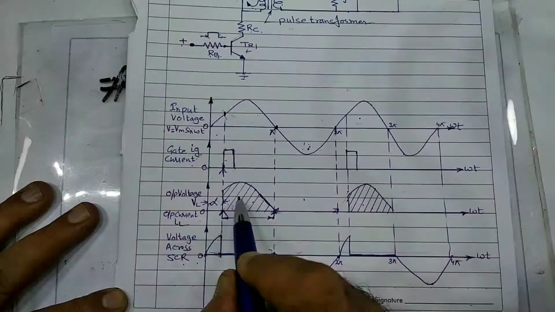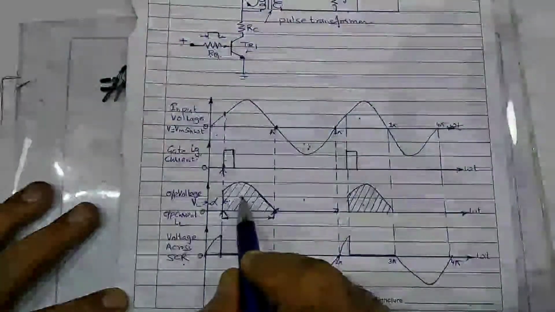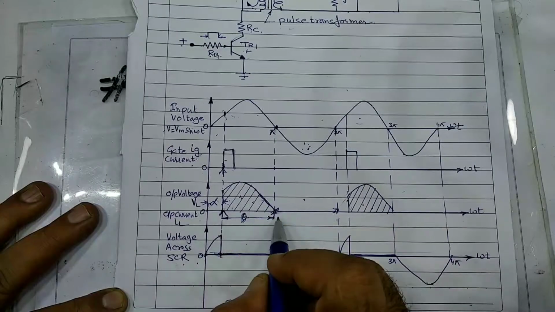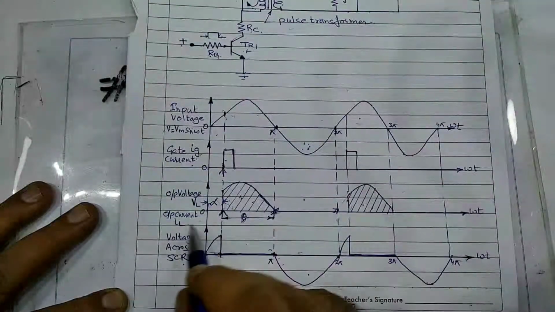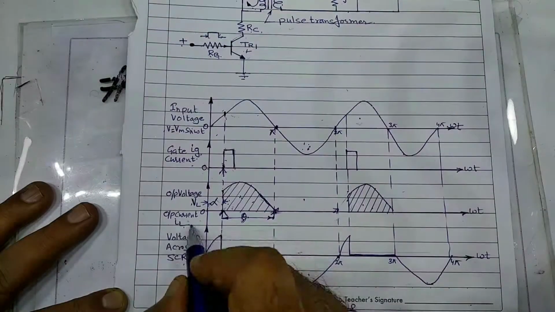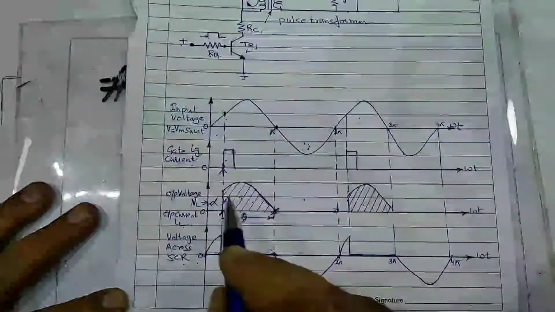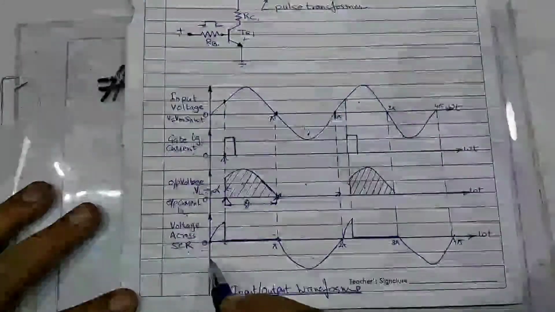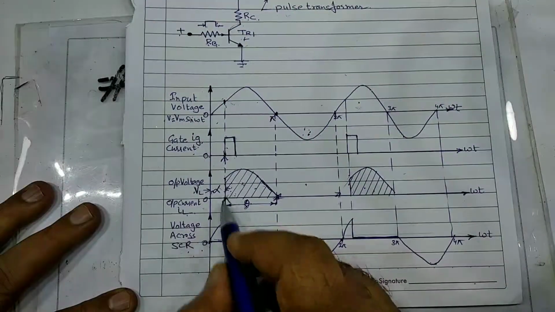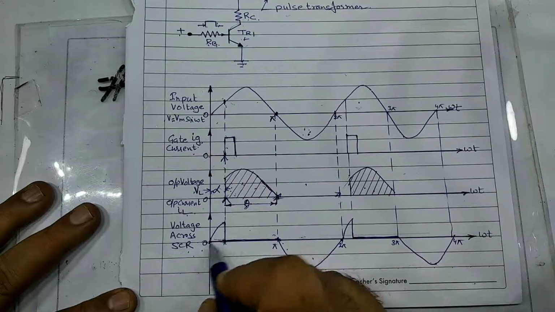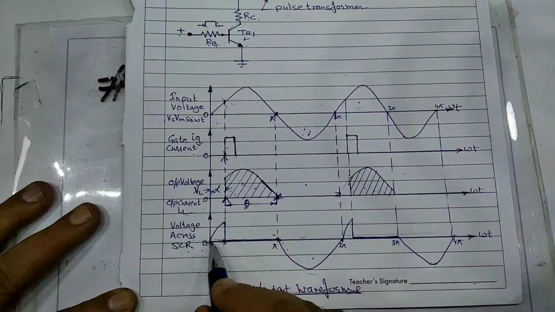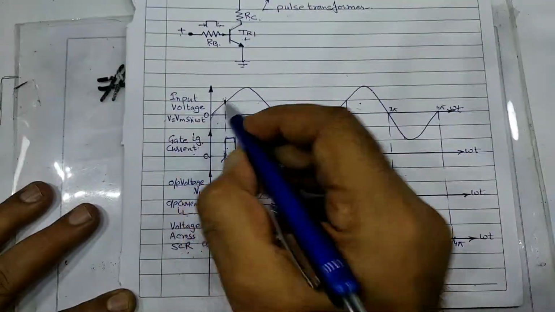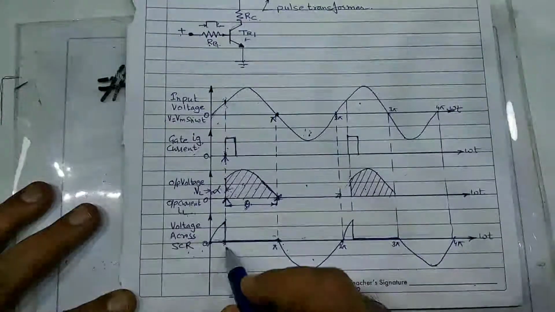Now, this is the output voltage which appears across the load, and the same output current IL passes through the load. So VL and IL are in phase with each other. Now we can see the voltage across the SCR. During the time when the SCR was not conducting, the supply voltage appeared across the SCR.